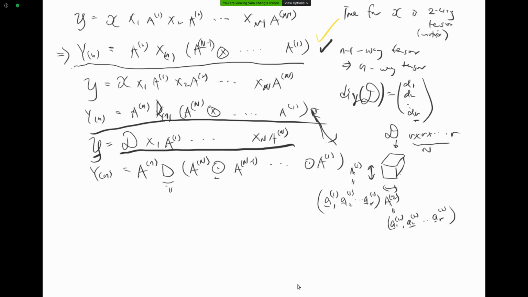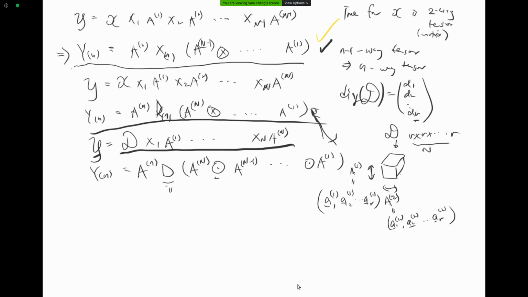Now it's quite easy to see that Y is basically a rank R tensor, a weighted sum of rank 1 tensors.